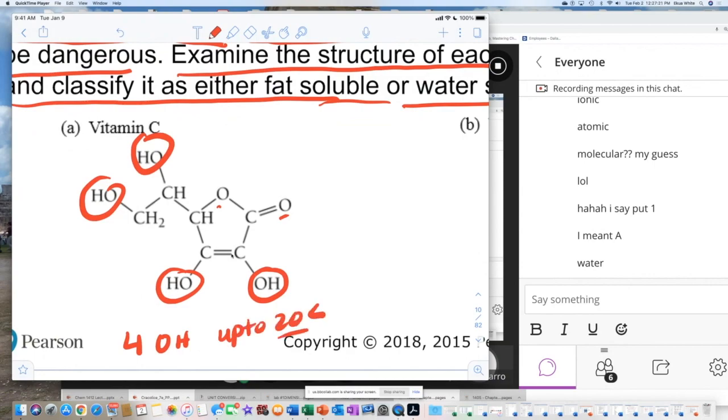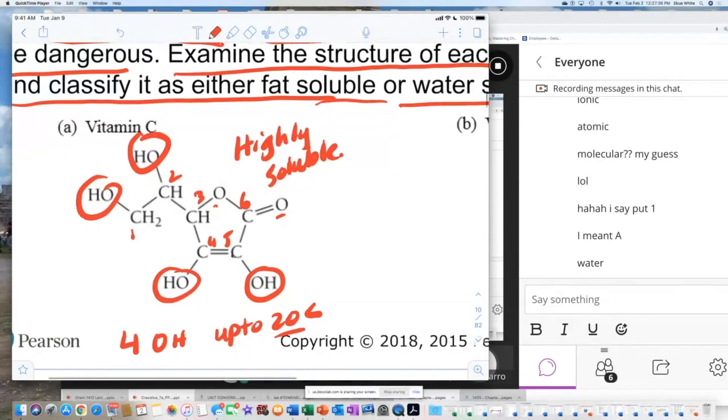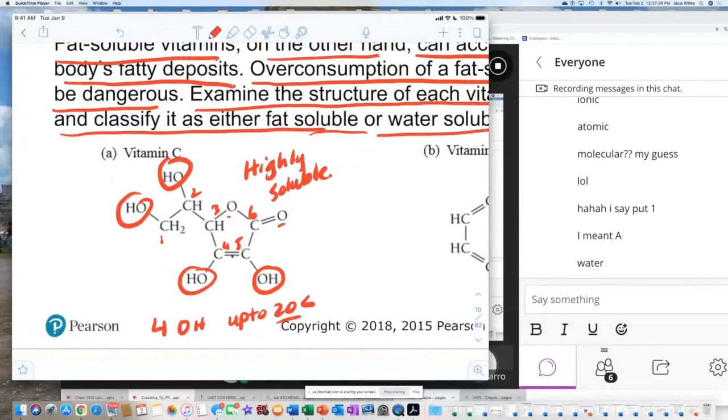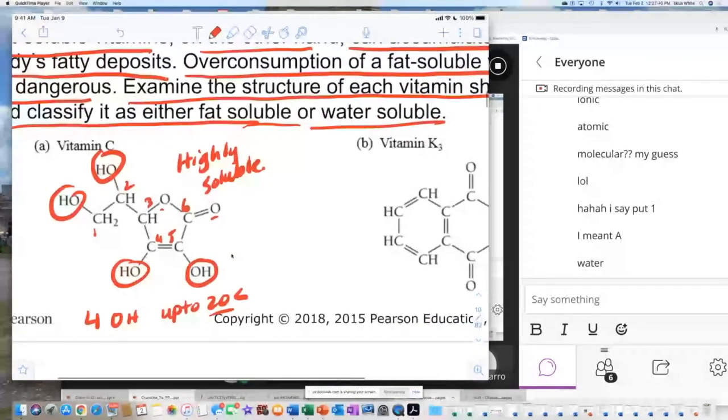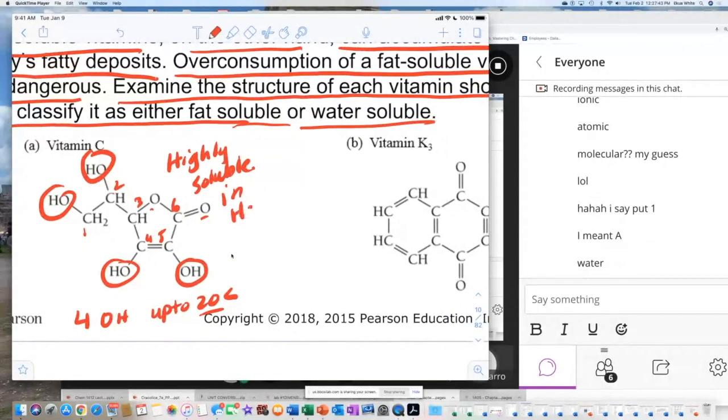And then if you have the 21st carbon, then it starts to be maybe insoluble. So let's see. You got 1, 2, 3, 4, 5, 6. Man, this is highly soluble. Not just soluble, highly soluble. But you got to drink a lot of water, right? So it has something to dissolve in. Okay. So highly soluble in H2O.